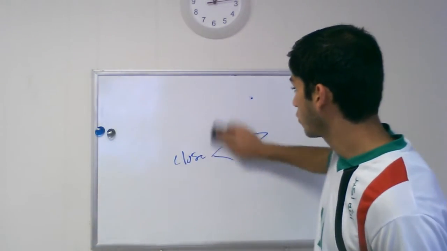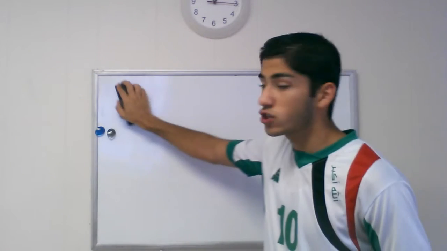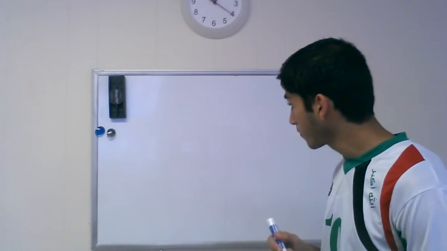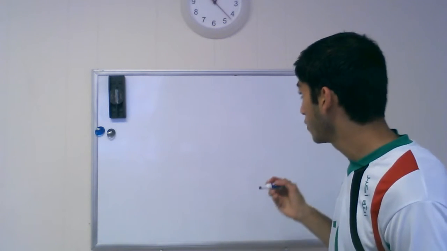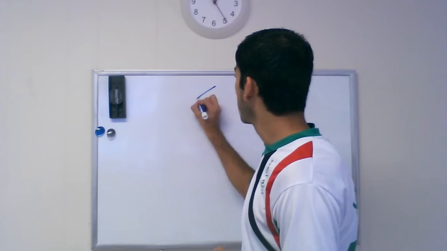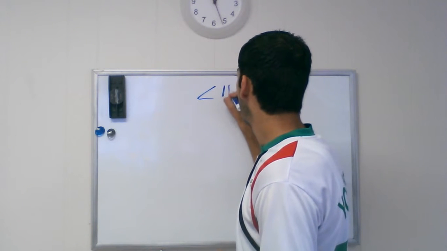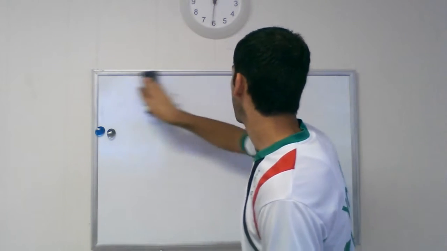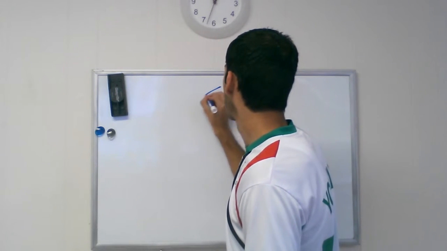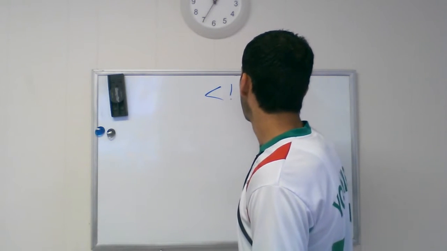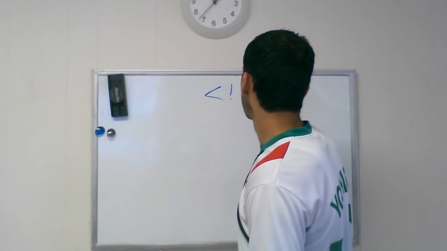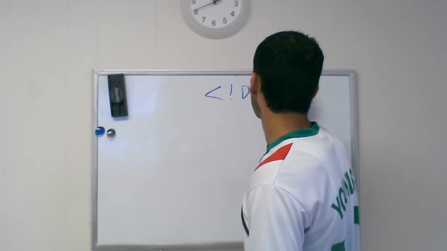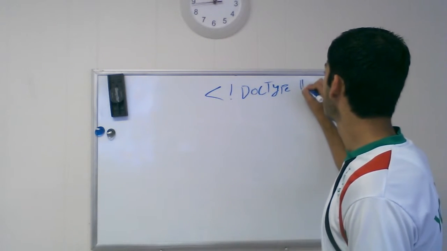Now that we know how to open and close, how do we actually start writing the code? Each HTML document begins with an opening bracket, exclamation mark, DOCTYPE, then HTML.